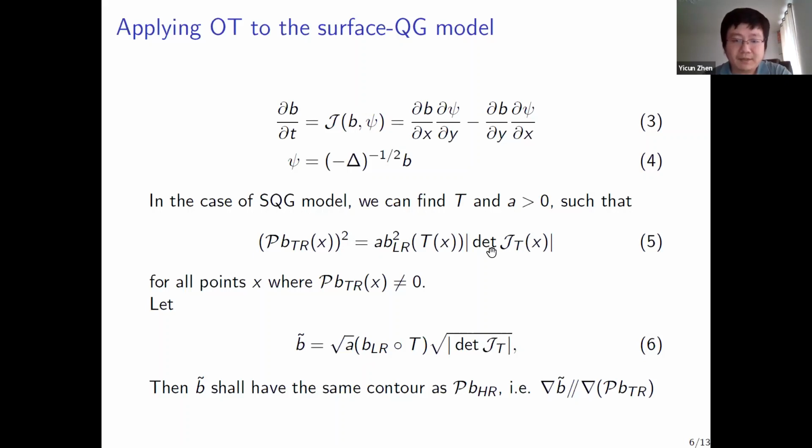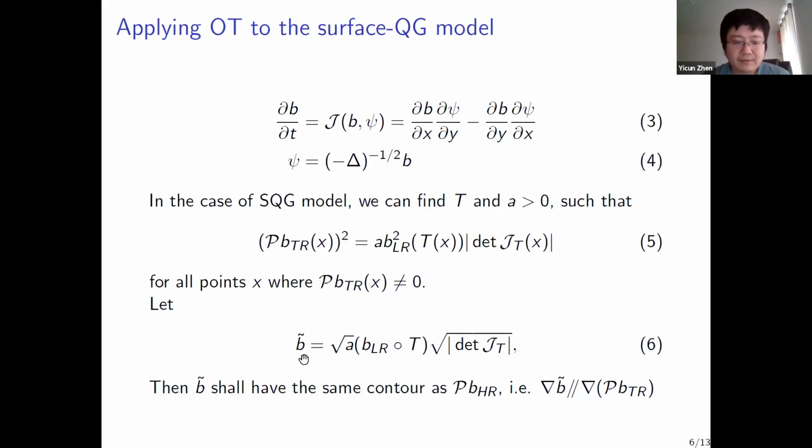Basically, this means that we can find the transport T such that the low resolution state can be associated with the true state. It remains a question, what is T? But here, what we want to show is that there exists such a T, so that the true state can be exactly associated with the low resolution state in this way.